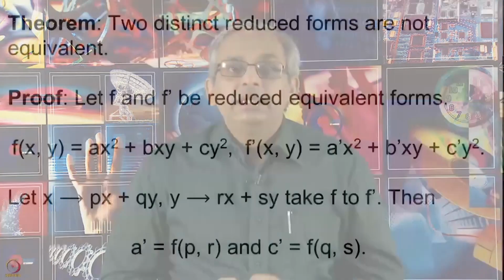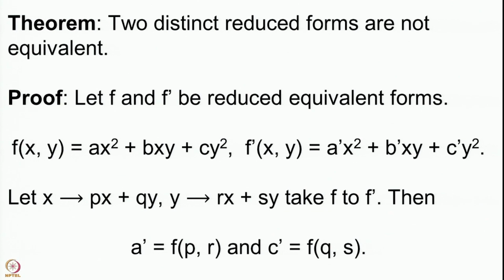Further, we also note that when we have this change of variables, then a prime is given by f of p comma r and c prime is given by f of q comma s. There is also a formula for b prime, which we have in terms of a, b, c and p, q, r, s, all of them, and we will actually need that formula sometime later, but we will come to that when we need it.